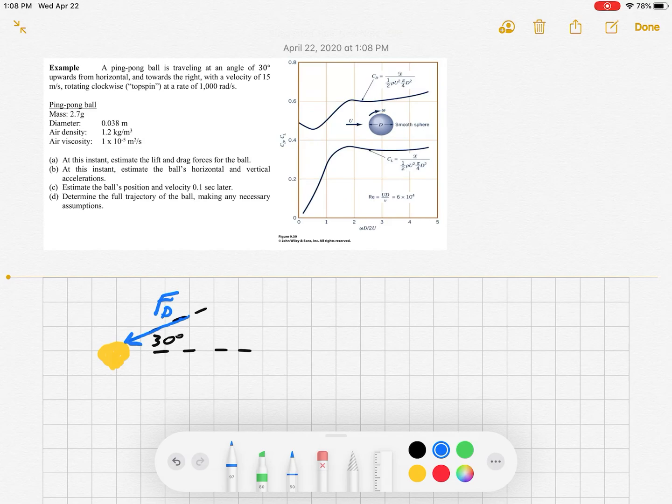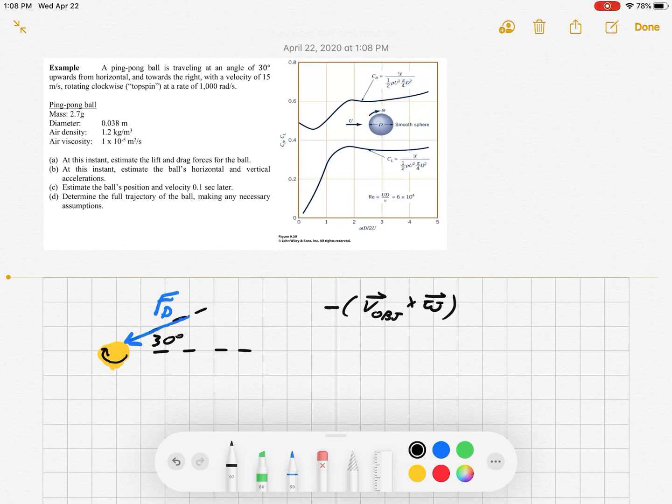But remember, we had this little rule that we just learned where we can think about the minus the cross product of the velocity vector of the object crossed with the omega of the spinning ball, okay? And again, the spinning ball is spinning clockwise like that, okay?